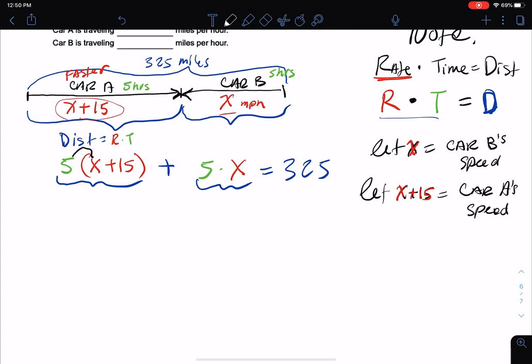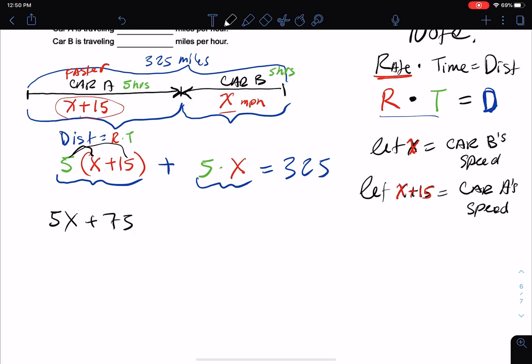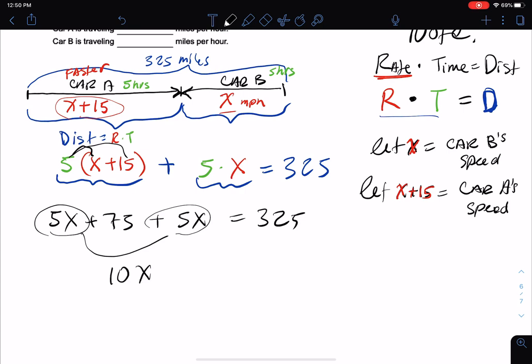We want to distribute 5, so we get 5x. We distribute 5 times 15, which gives us 75. Of course, 5 times x is just 5x, equals 325. I want to combine like terms. 5x and 5x will give us 10x plus 75 equals 325.